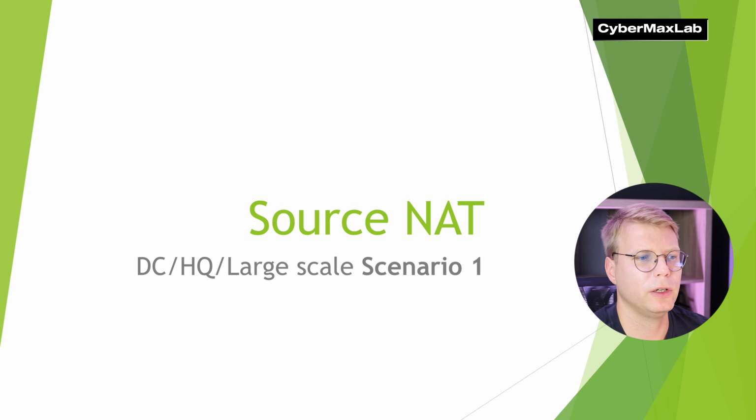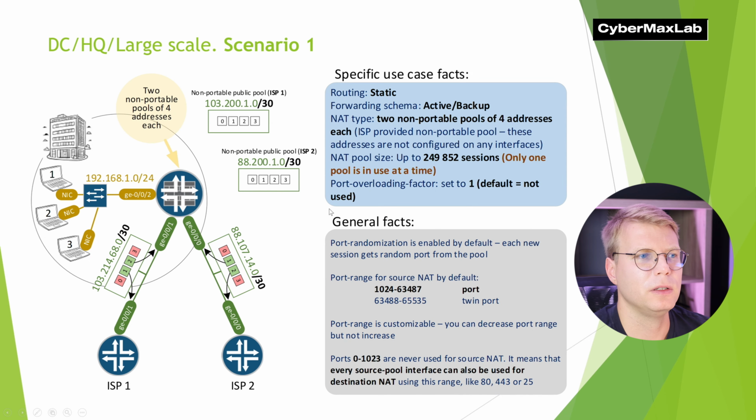Next, we'll continue with the large-scale use case, scenario 1. In this case, redundancy comes first. We have 2 ISPs peering with us with /30 P2P subnets. Routing is still static. In this case, we have 2 non-portable pools rented from each ISP, from ISP1 and ISP2. The difference, as I mentioned, is that non-portable belongs to the ISP.